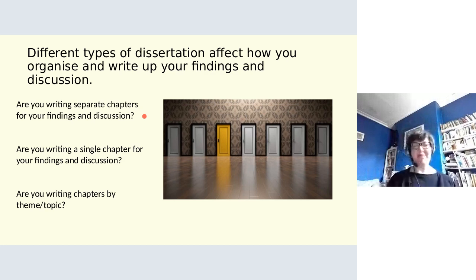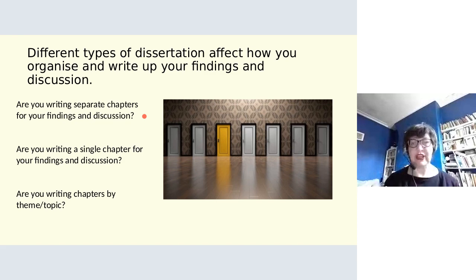As I say, some of you will be writing separate chapters. You will probably have a chapter for a literature review, a methodology chapter, a findings chapter, and a discussion chapter. And we call that an empirical style of dissertation.